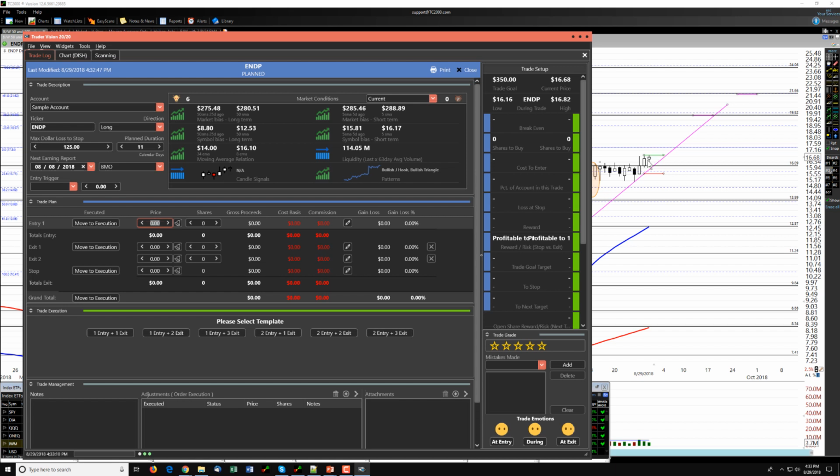Let's call the high of the day our entry, let's call it 1685. I don't know what that is, but it's pretty close. So let's call 1685 our entry, and our stop was down here at 1560.